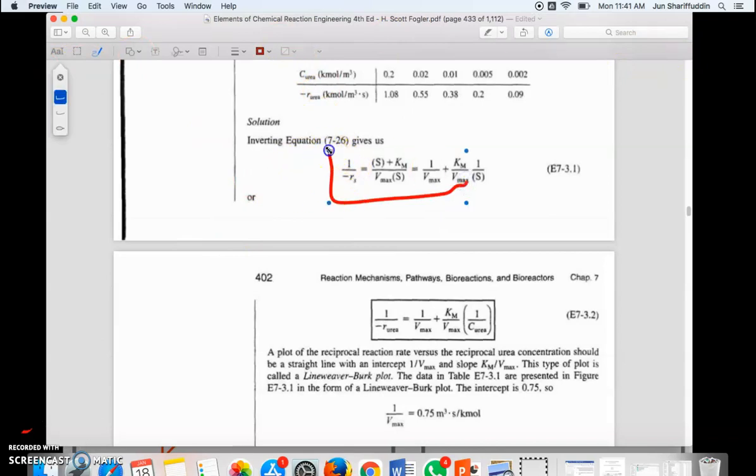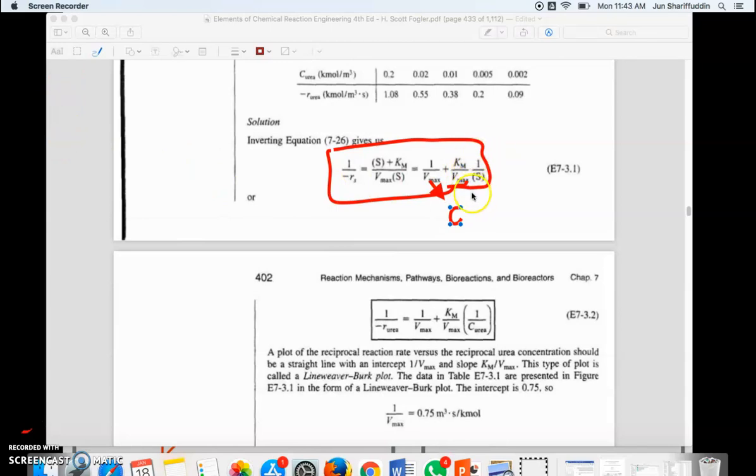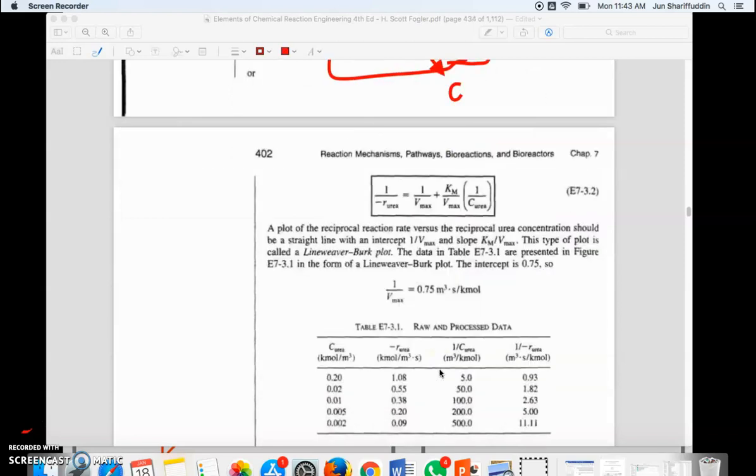It is very important, where you need to determine your Km and Vmax. This part is actually your intercept, C, and this part is your slope, Km over Vmax.